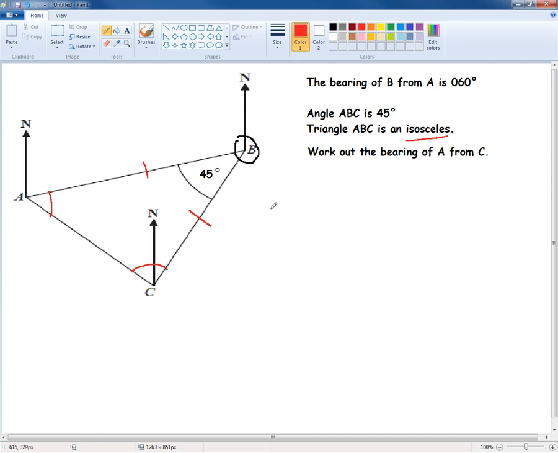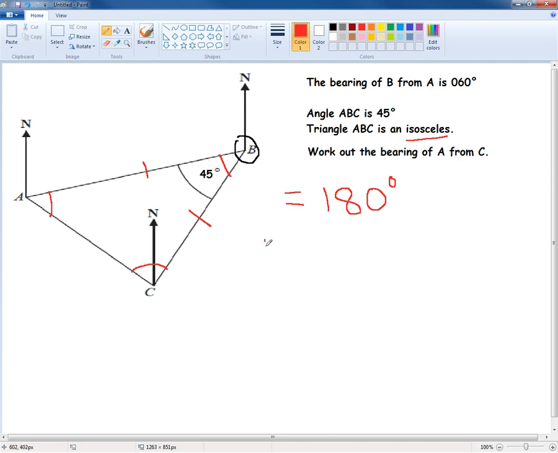One key point we need to remember is the angles in a triangle always add up, and that's the internal angles, to 180 degrees. Now we can see we've got a triangle with two angles missing, but they're giving us one, this one here, 45 degrees.